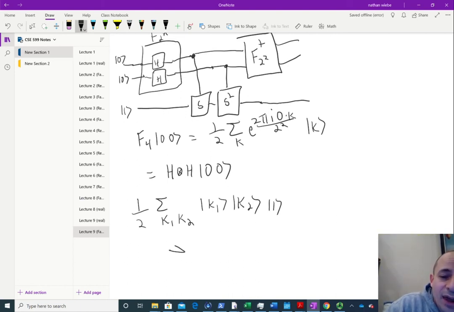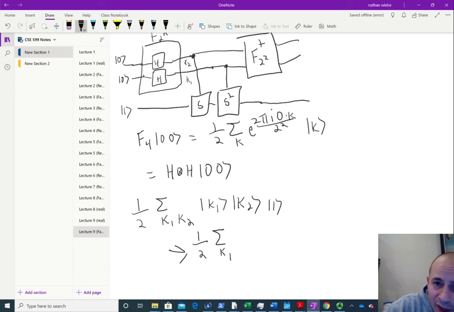Now applying the controlled S gates to it, we end up getting 1/2 sum over k1. I'll call this value down here k1, and this one up here will be k2.